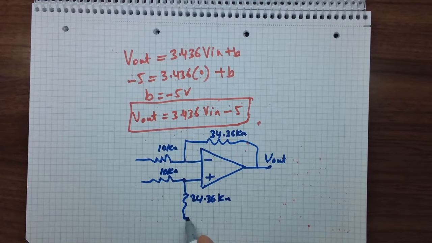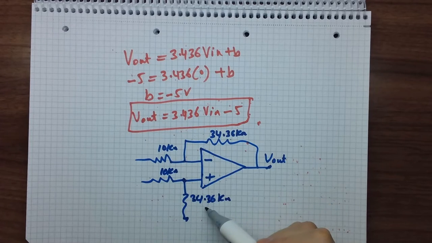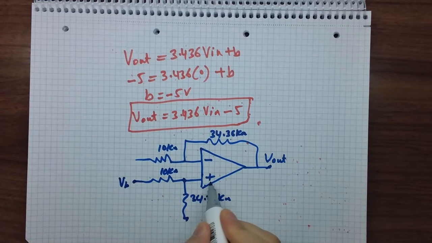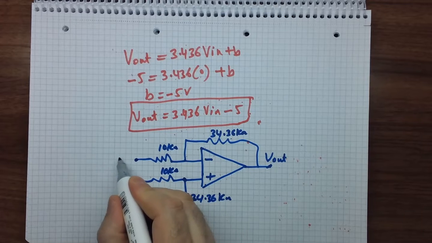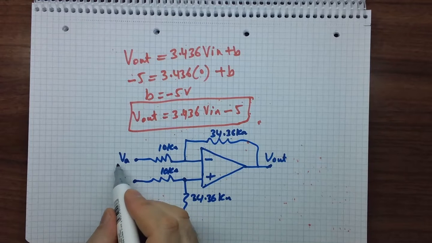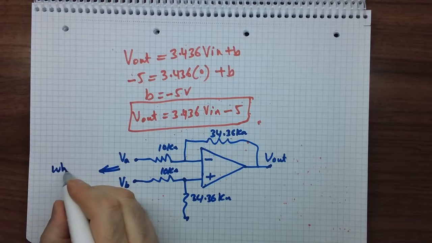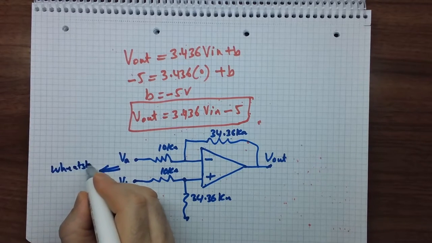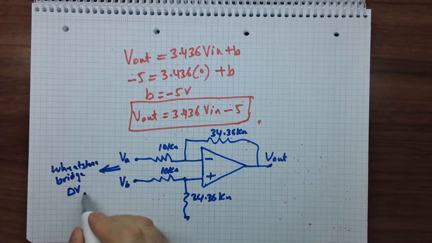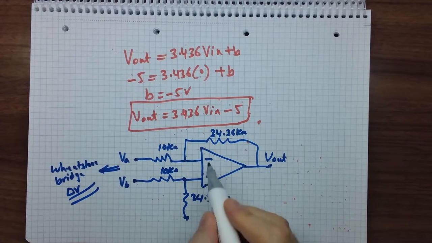Again, for a differential amplifier, it is very important to have this resistor equal to this resistor, and this resistor equal to this resistor. Now VB should be connected to the positive terminal. VA should be connected to the negative terminal, because we need VB minus VA. This comes from the Wheatstone bridge. The output of the Wheatstone bridge, delta V, should be connected to these two terminals, VB minus VA.